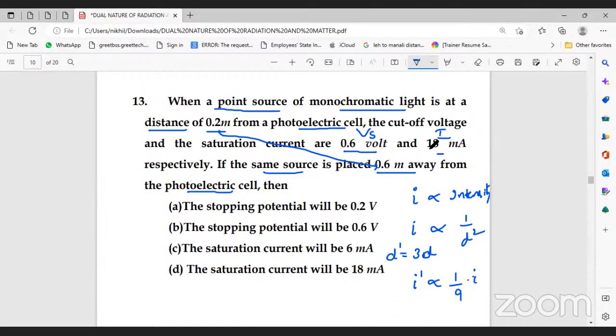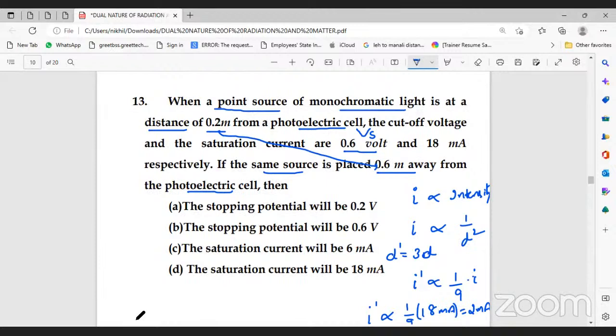What's the initial current? 18 milliampere. So what will be I dash then? It will be 2 milliampere, right? So saturation current has to come to 2 milliampere.